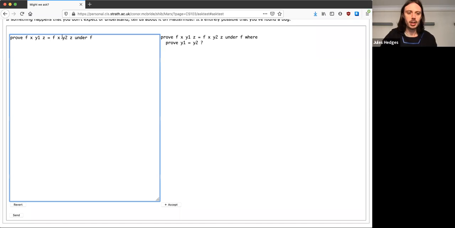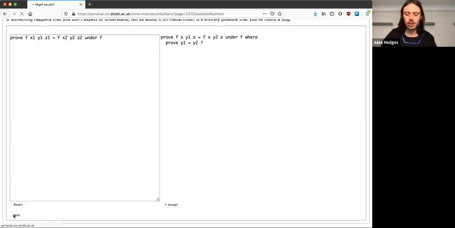On the other hand, if all of these could be different, then ask will generate 3 sub-goals, prove x1 equals x2, y1 equals y2, and z1 equals z2. So it's asking me to prove that each pair of inputs is equal.